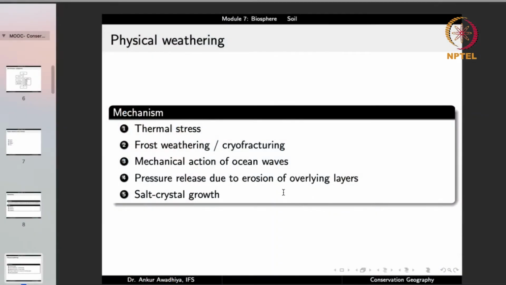Another mechanism is the mechanical action of ocean waves. Now we have observed before that the ocean waves, when they bump against the rocks, they can break the rocks. And they can result in very large formations such as cliffs or terraces or sea caves or sea stacks.